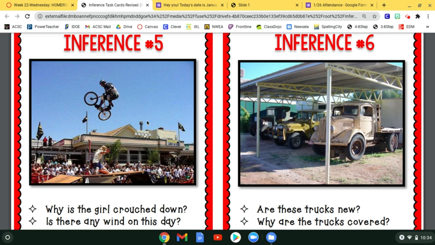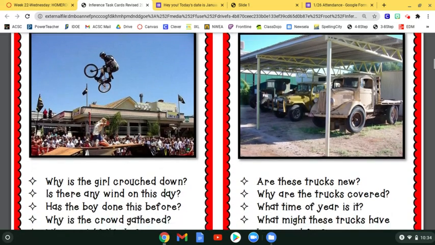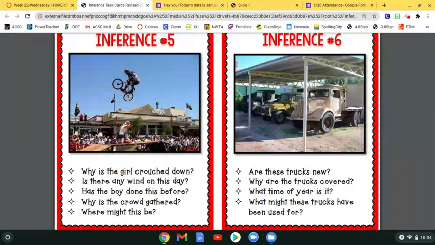I see this girl crouched down here. I see tons of people, a clear blue sky, and some people on the roof right here. I see some flags. I'm not really sure what all is going on, but these questions right here are going to help me make an inference and think about what could be going on.